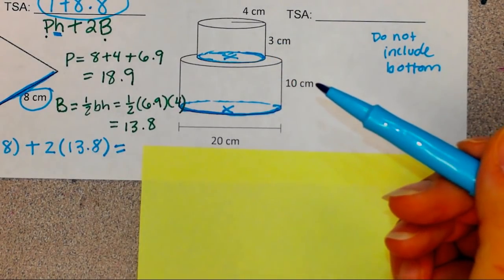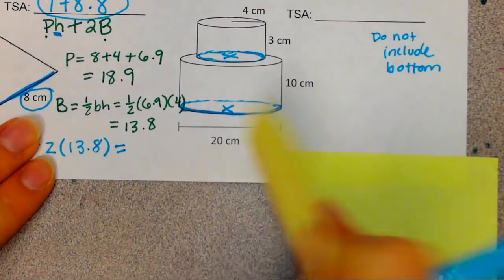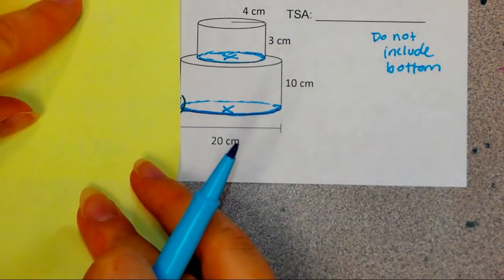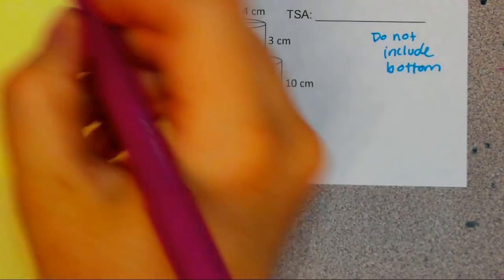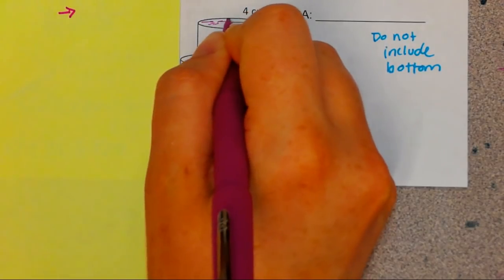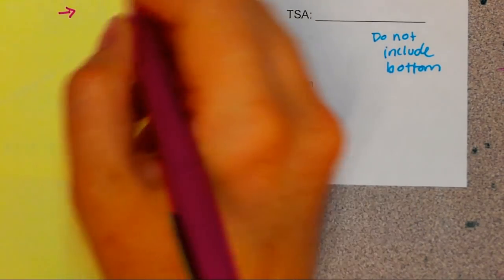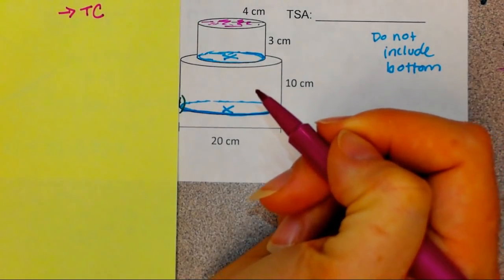I prefer to do it in terms of thinking about what I'm adding up. So the first thing is that I'm going to have this top circle. I'm going to put TC for top circle.